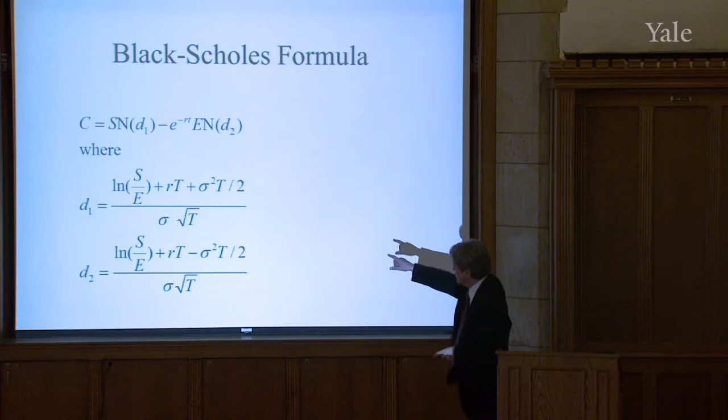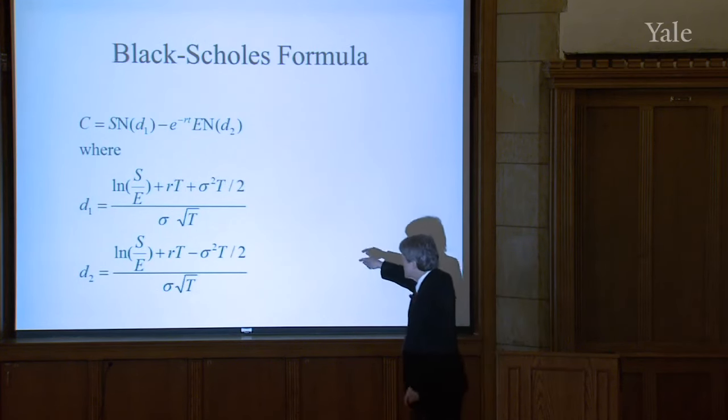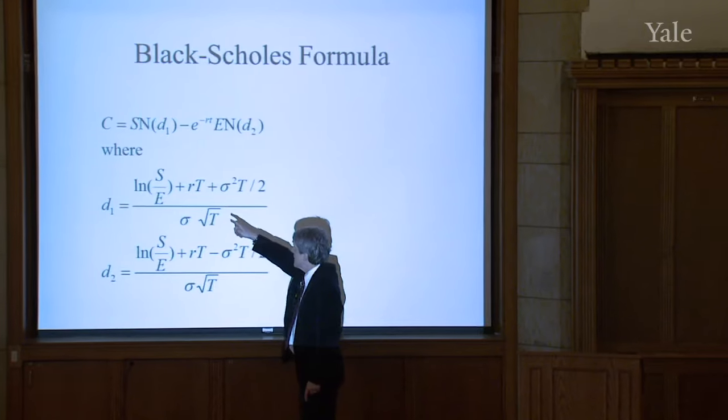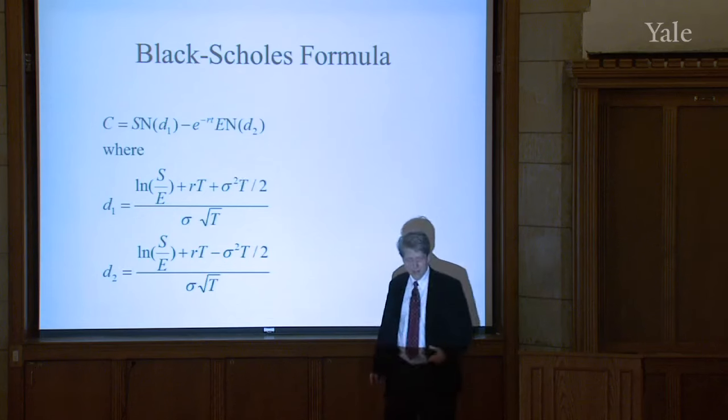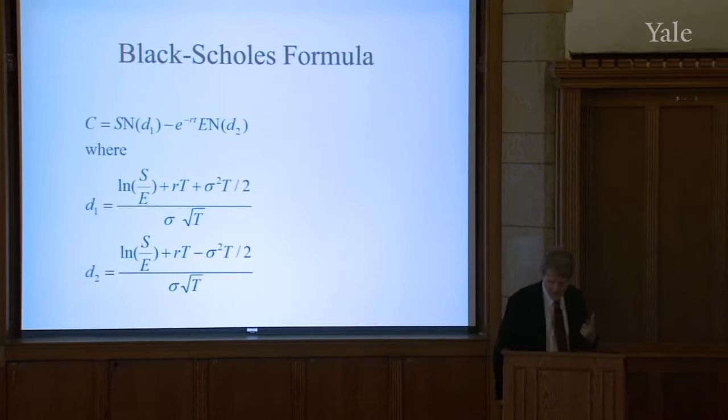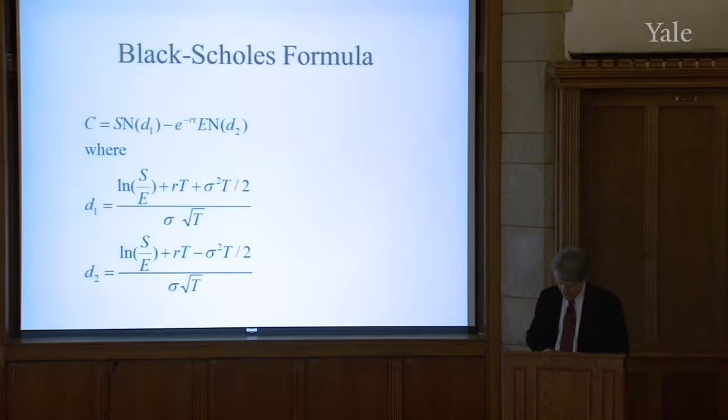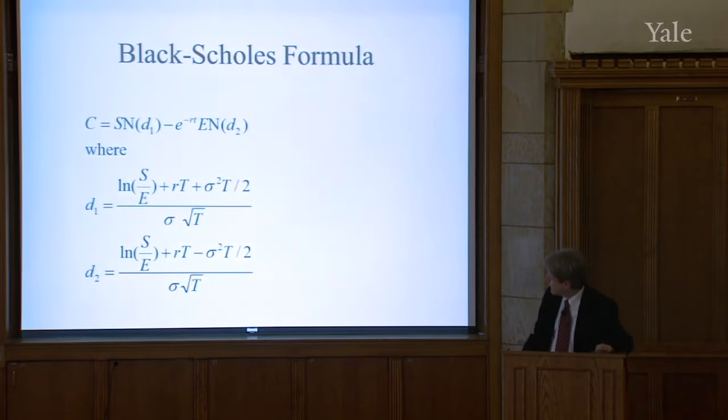I can't actually solve this equation. I have to do it numerically. But I can calculate for any call price, given the stock price, exercise price, time to maturity, and interest rate, what volatility would imply that price. And so that's where we are with Black-Scholes.